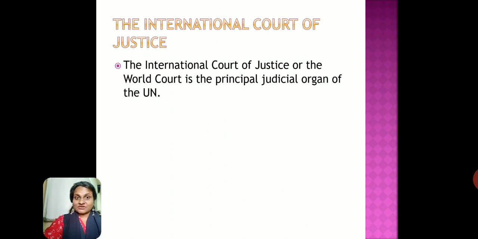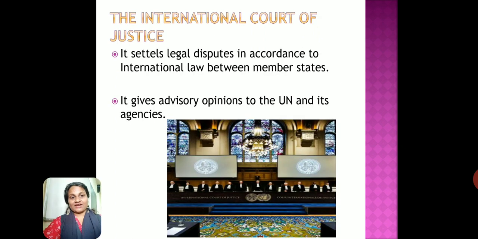So where will the countries go? So to do that, we have the International Court of Justice, and it is the organ of the United Nations which takes care of the justice system. Okay, it's the court system for the world. And what does it do? It settles the legal disputes according to international law.